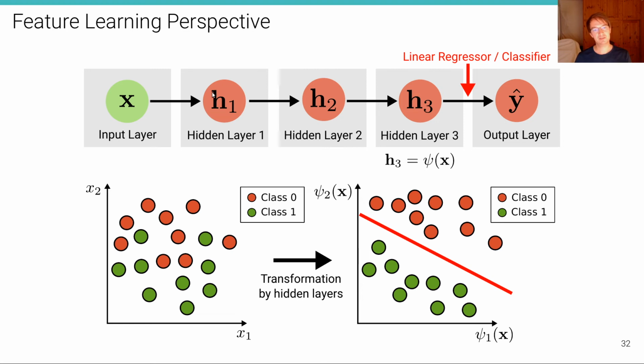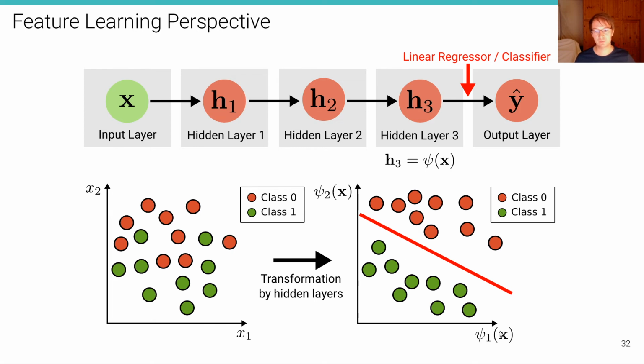And by passing these data points through these nonlinear layers, we're changing the representation. So for instance, if at the last hidden layer we call the representation psi, so that we have now psi of x, this last hidden layer, you think of it as computing psi of the input x.